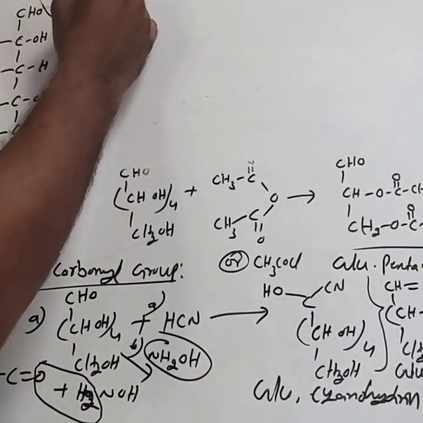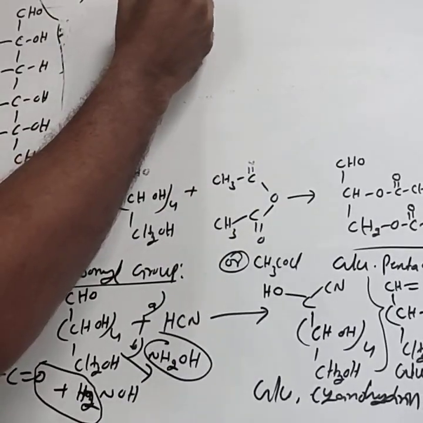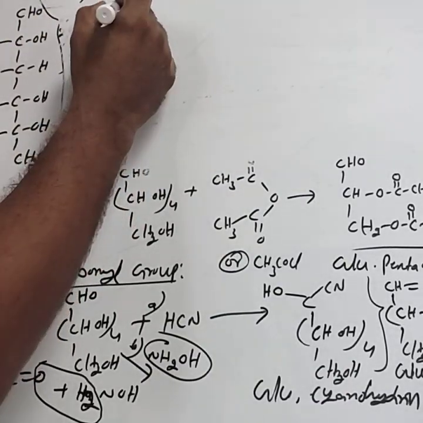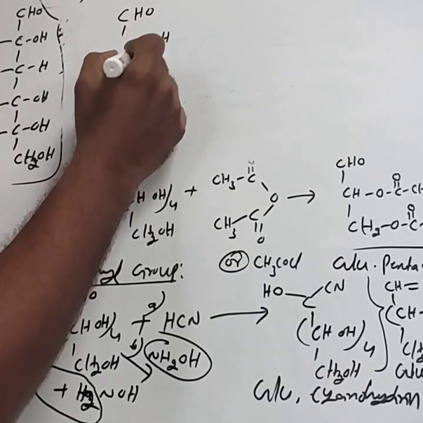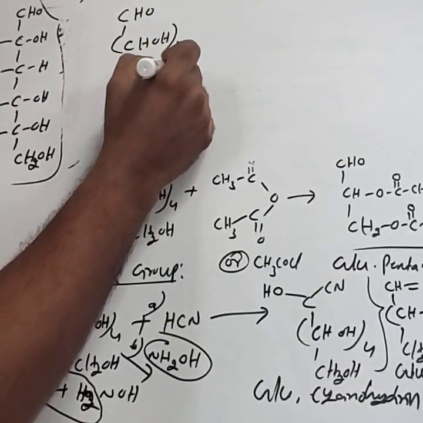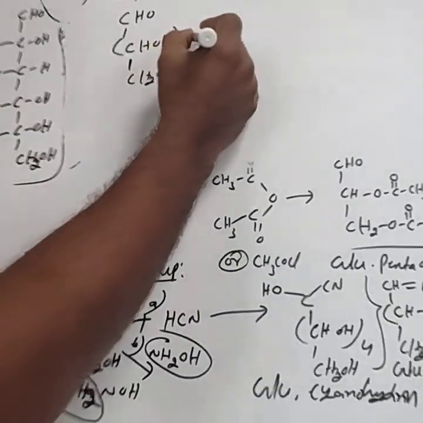Next point, fifth point: presence of aldehydic group. For that, you take CHO, CHOH4, CH2OH. This is glucose.